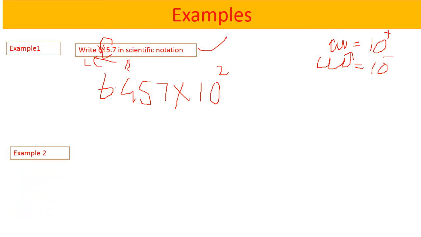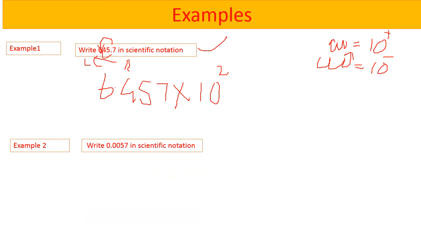Let us take another example. Example number 2. In this example, the decimal is here, but according to the condition, this decimal should be here. So we move the decimal from left to right. So we multiply by 10 raised to the power minus the number of moving digits.